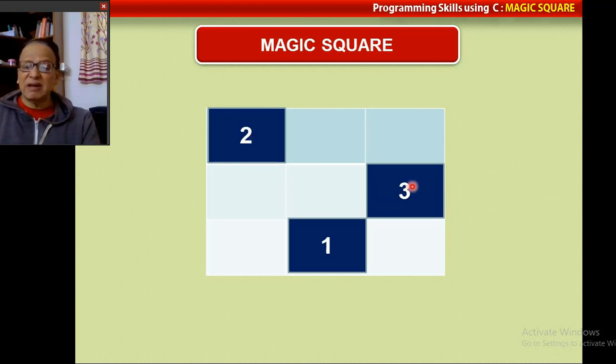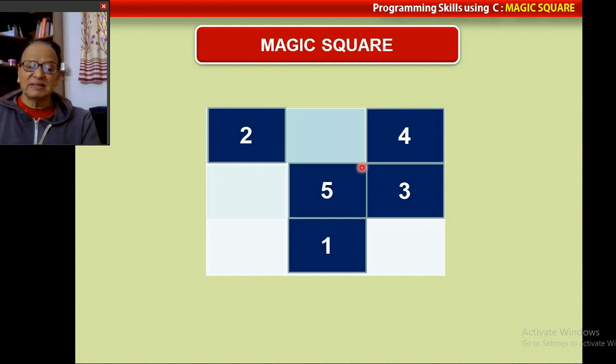Then again 3 is there, 4 will have to come here, but there is already a number. Then what you have to do is put it on top of that same number in the same column. So 4 goes there, 5 goes there, 6 goes there. 7, as you see, is a diagonal. This is a special case.